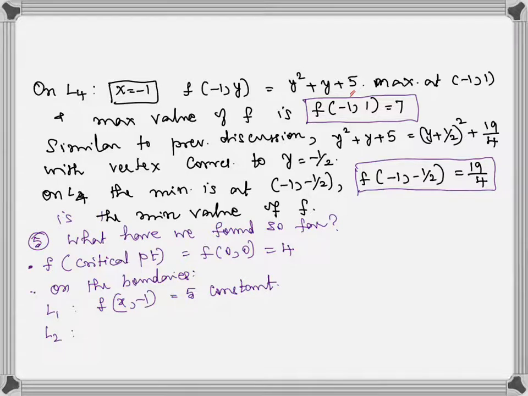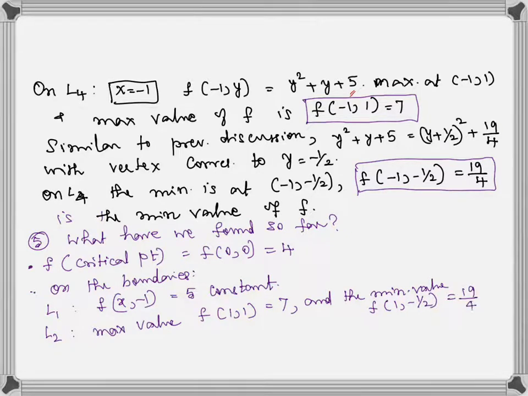On L2, the function is f of (1, 1), which will be the maximum value, which is 7, and the minimum value is occurring at (1, -1/2), which is f of (1, -1/2), equal to 19 over 4. On L2, the maximum value is 7 and the minimum value is 19 over 4. The maximum occurs at (1, 1). The minimum occurs at (1, -1/2).